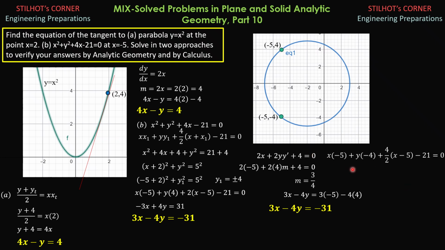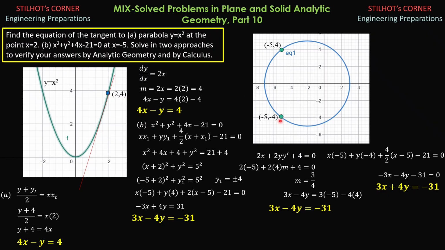Simplifying, you have negative 5 plus 2, so negative 3x minus 4y equals 21 plus 10, or 4 over 2 times negative 5, negative 10, minus 21, so negative 31. Then, multiplying everything by negative 1, 3x plus 4y plus 31 equals 0, or 3x plus 4y equals negative 31. So that's the equation of the tangent to this circle at this point of tangency.